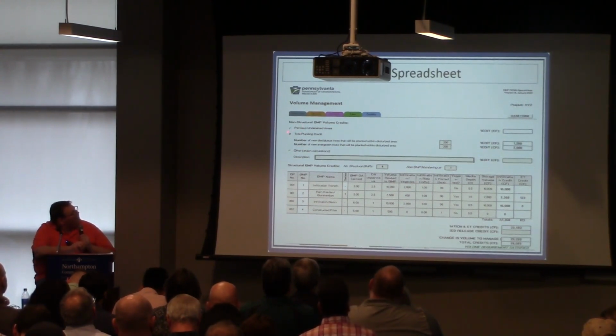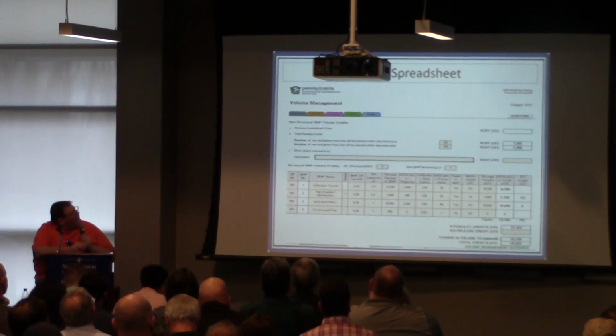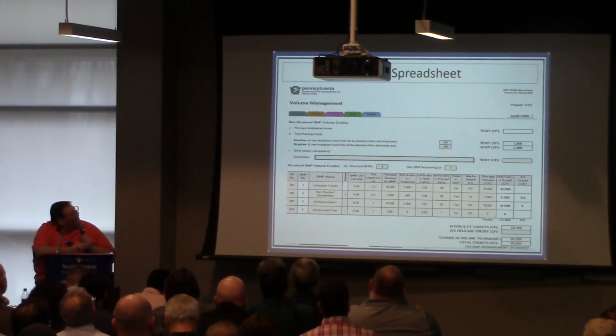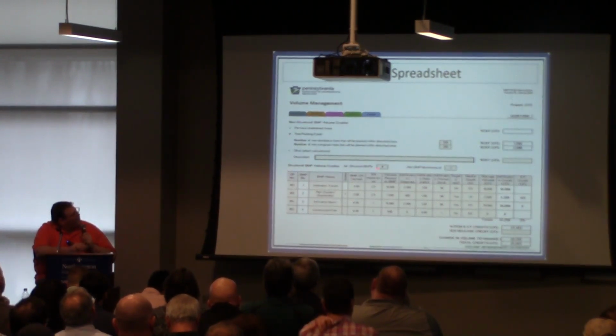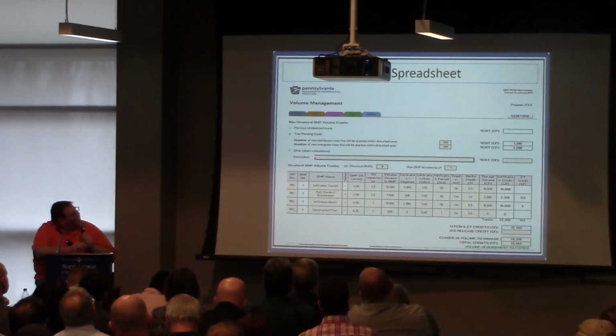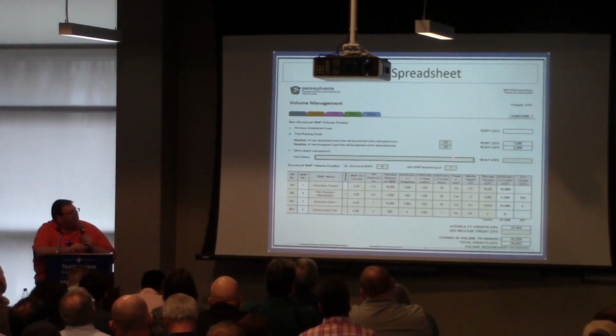Then you'll have a chance to enter some tree planting credit, and then you have an other box. These are all of your non-structural BMPs that you're going to be putting in here. If you are taking other non-structural BMPs, you're going to be putting a description in here of what that BMP is.